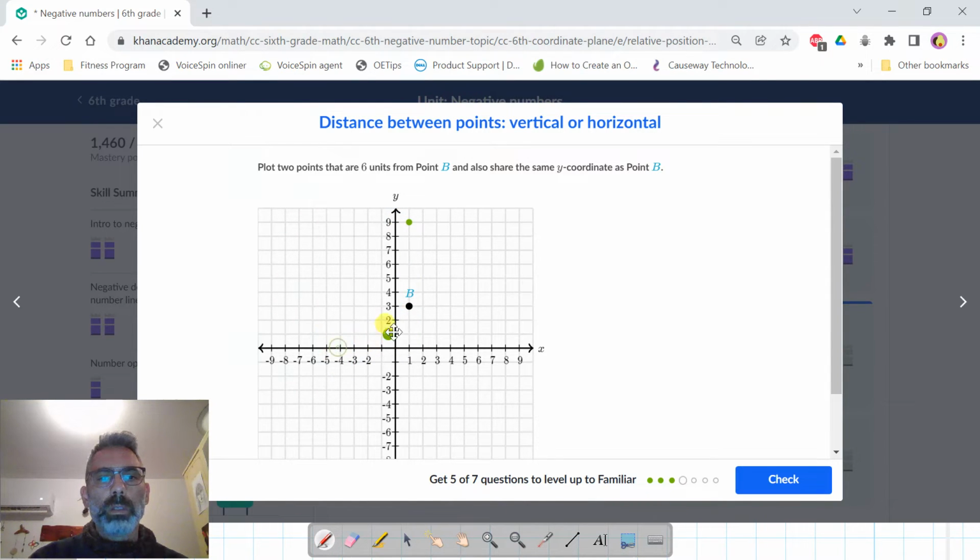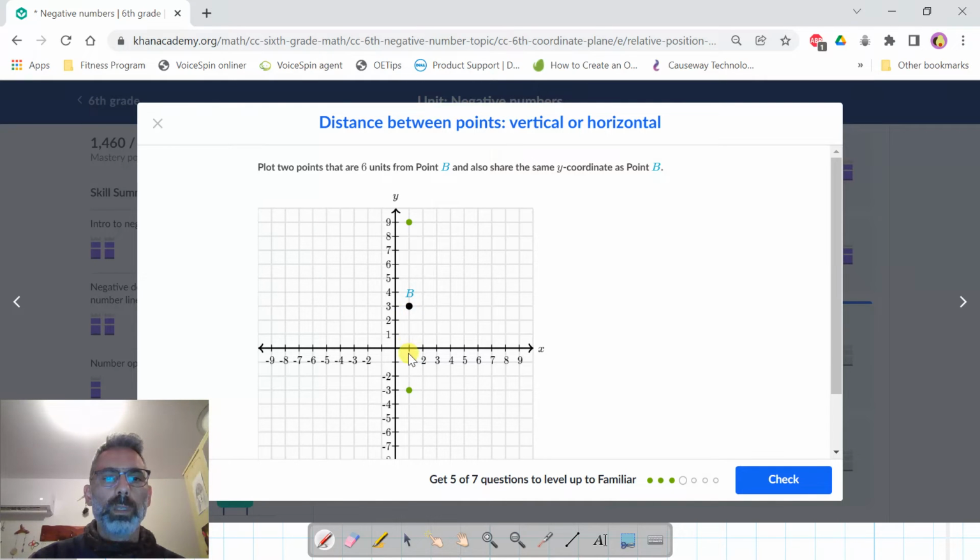And the second one, okay, so this is 3 units away, we get to the x-axis, then we go more downwards. So we need to go 6 units in total.